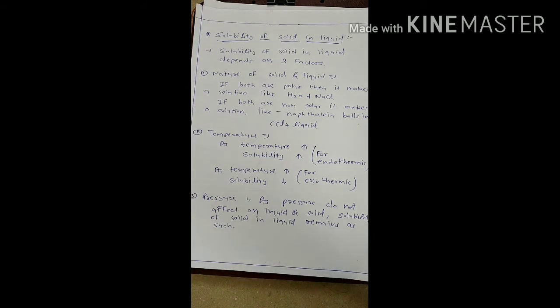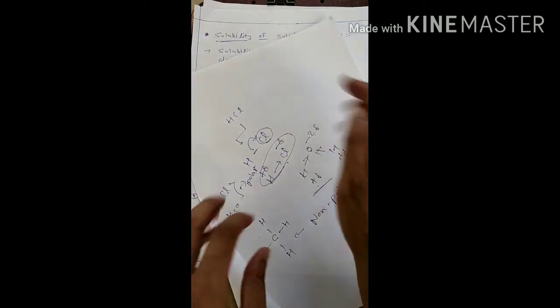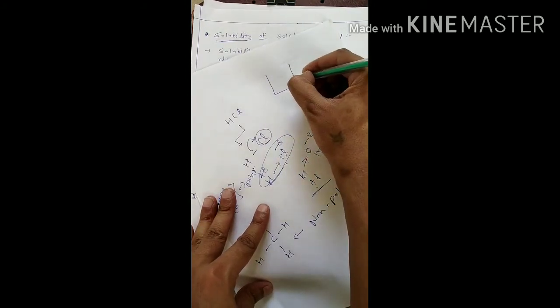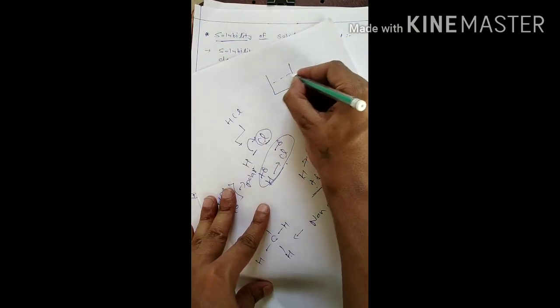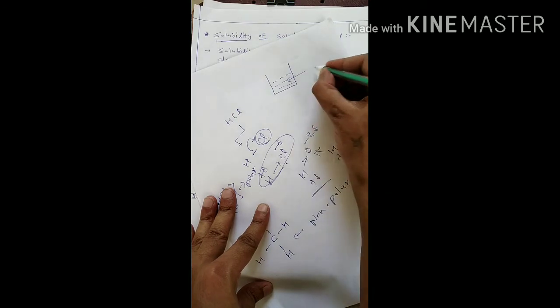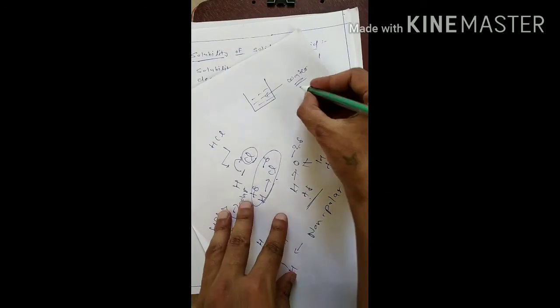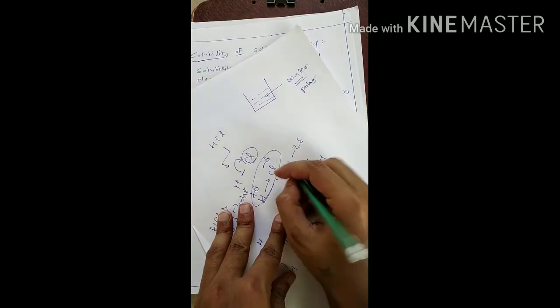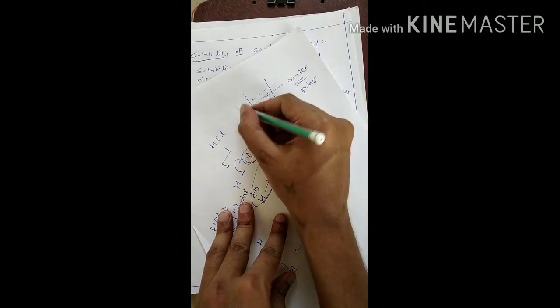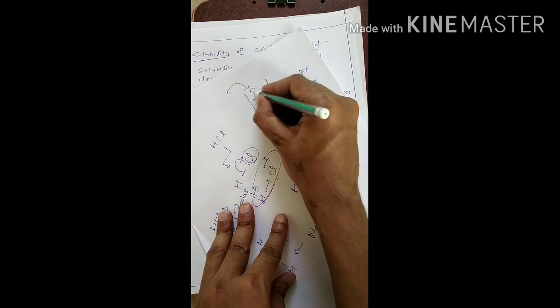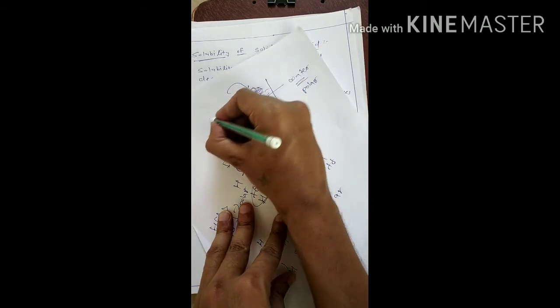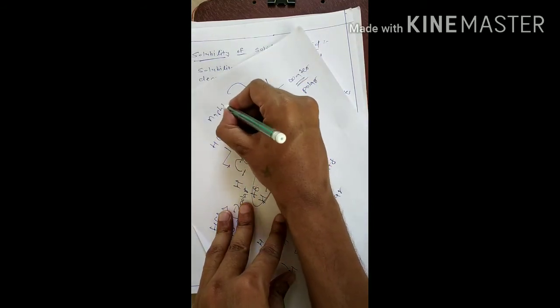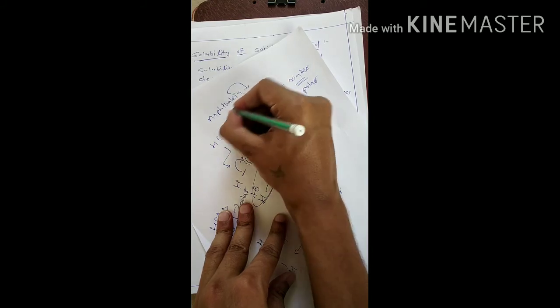Like I am taking an example here. Suppose I am taking a beaker that is filled with water. Water, we already discussed, is a polar compound, and I am trying to dissolve a solid, naphthalene balls, in it.